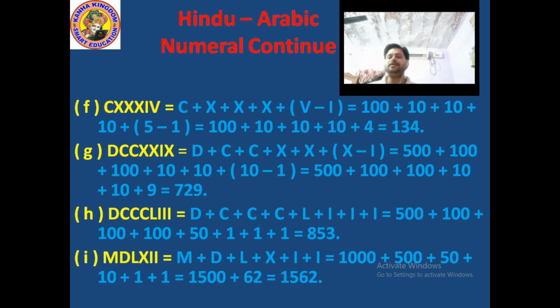When you add, the exact answer is 1000 plus 500 equals 1500, 1500 plus 50 equals 1550, 1550 plus 10 equals 1560, 1560 plus 1 equals 1561, plus 1 equals 1562. This is the exact answer.